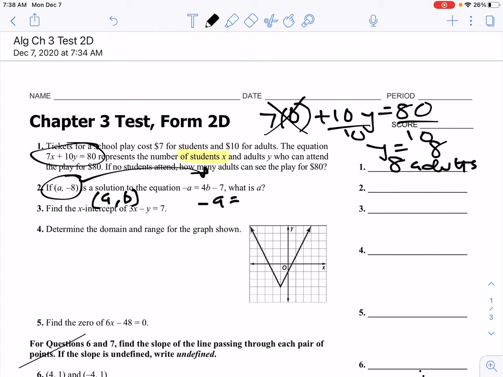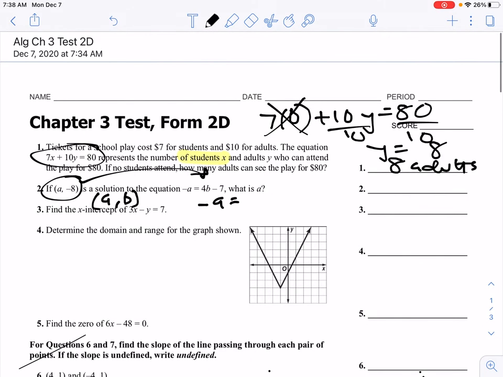And then for B, I'm going to put in this -8 right here. 4 times -8 minus 7. This gives you -32 minus 7. Negative A equals -32 minus 7, which means that negative A equals -39. And if that's what we have, we know that we need to multiply both sides by -1. And then you should get that A is equal to 39.